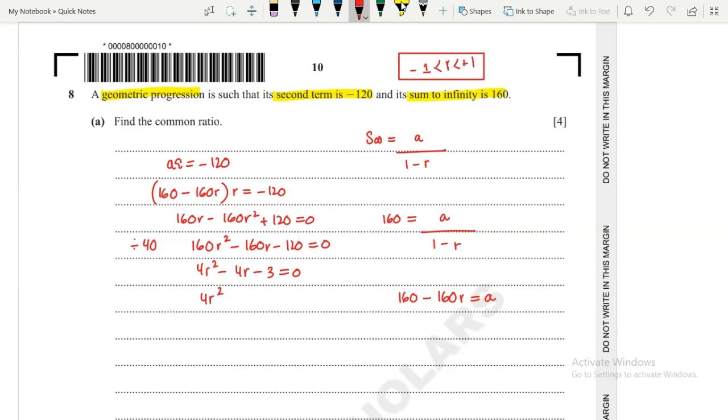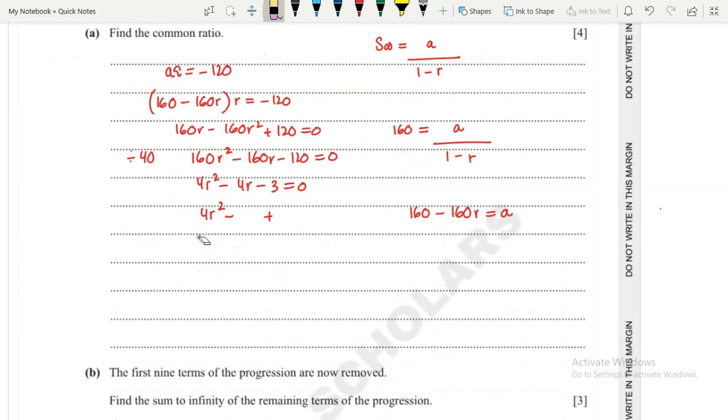Okay, so 4r square minus 6r plus 2r minus 3 is equal to 0.